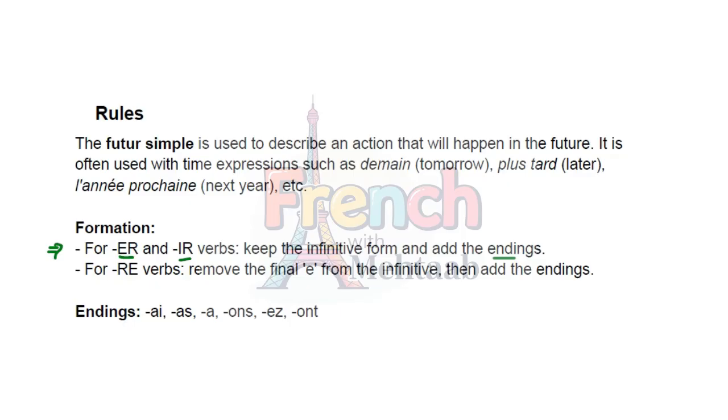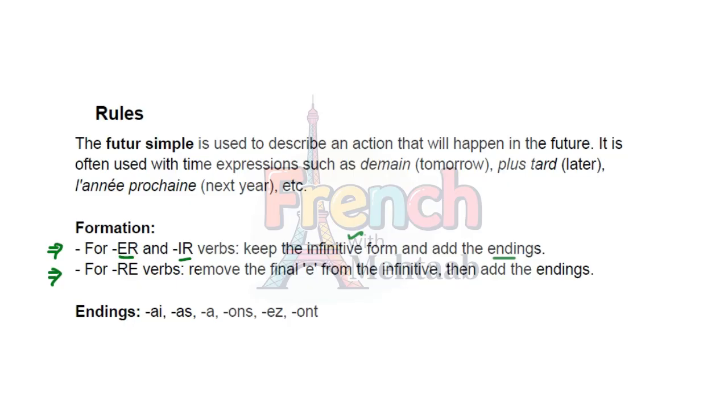We do not change the verb; we keep it in its simplest form and add the endings to it. For re ending verbs, we drop the final e from the infinitive and then add the endings.